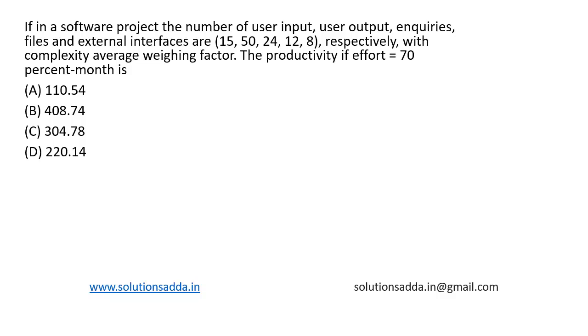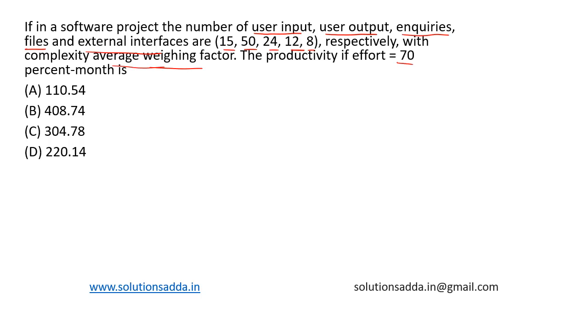This is a question from software engineering. If in a software project, the number of user inputs, user outputs, enquiries, files, and external interfaces are 15, 50, 24, 12, 8 respectively, with complexity average weighing factor, the productivity if effort is 70% per month, and 4 options are given.